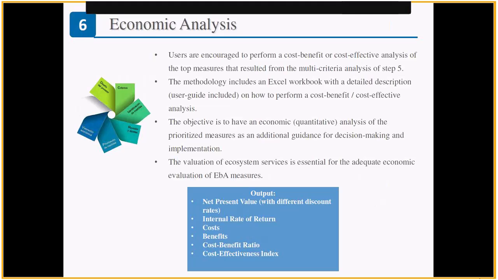Each of those 10 ecosystem-based adaptation measures that have been ranked, you can put on a cost-benefit analysis or cost-effectiveness analysis. We have another tool within the methodology that allows the users to submit and value economically all the measures that have been ranked and selected in my portfolio.